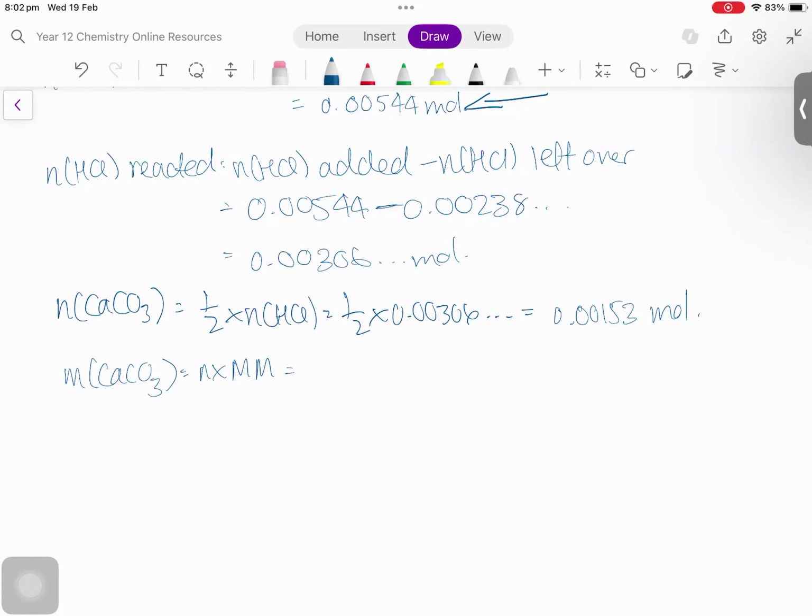I seem to have forgotten it. 40.08, thank you. Plus 12.01 plus 16 by 3 grams per mole. You can do it all in one sitting. If you're going to do the molar mass calculation first, please save the actual mole in your calculator. What do we get for the mass of calcium carbonate?